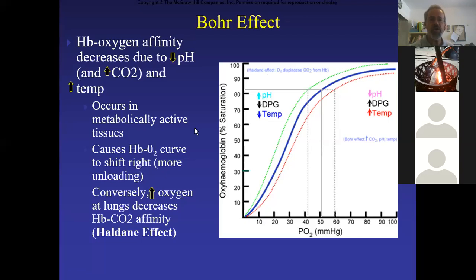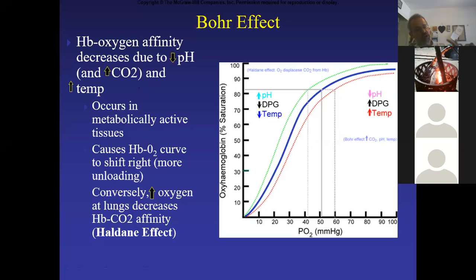Well, there's three main, really we can call four main factors. And you can look at it here or you can look at it here. First of all, at the tissues, we have a buildup of carbon dioxide, which by extension lowers the pH, right? So that's this microenvironment at the tissues. It's occurring because the tissues are actively metabolizing.